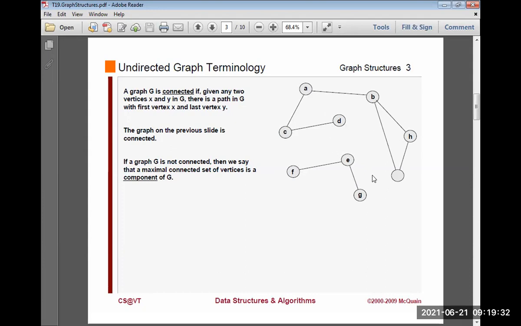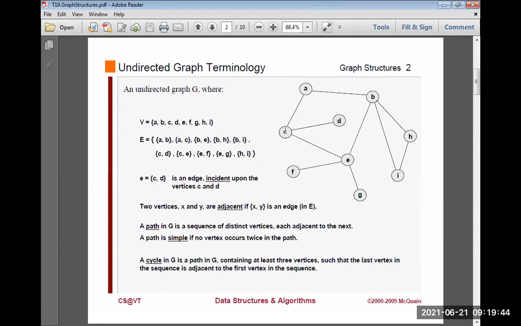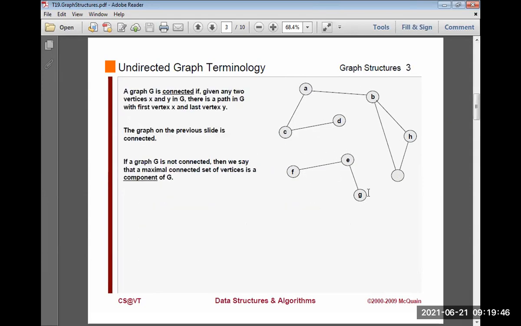So these two graphs are not connected because there is no path from D to E. Here there are edges, so this is a connected graph. This is not a connected graph. These are two different graphs because there is no edge from D or C to F.